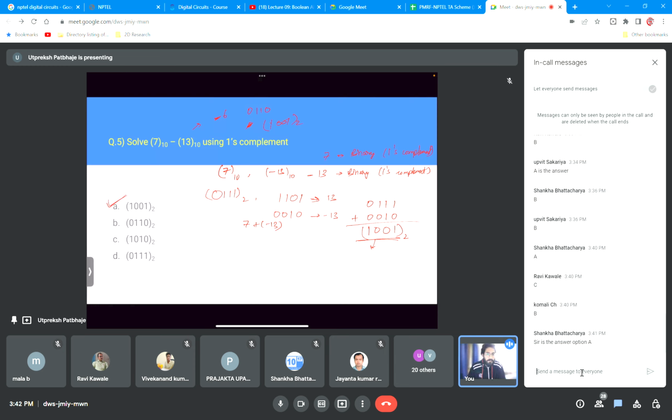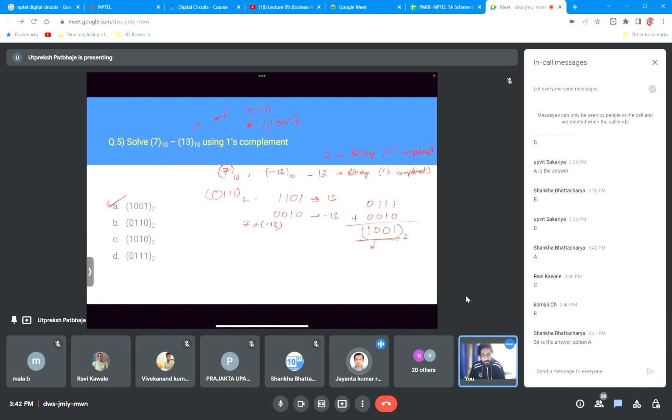So I think Shankha got the answer. Rest of the guys, I hope you are also solving this. Did you get the answer? Just try to type in the answer. As it is minus 6, that's why it is represented as 1001.